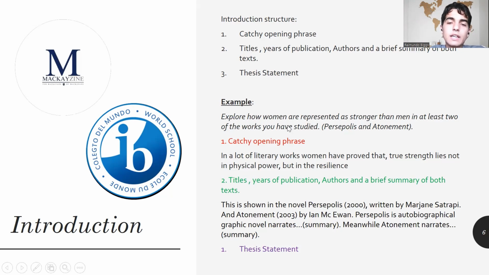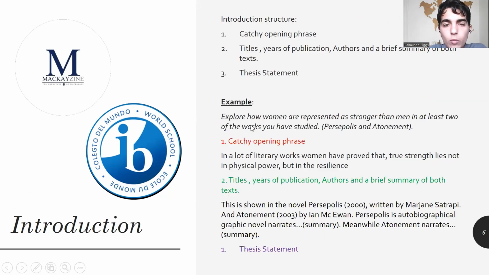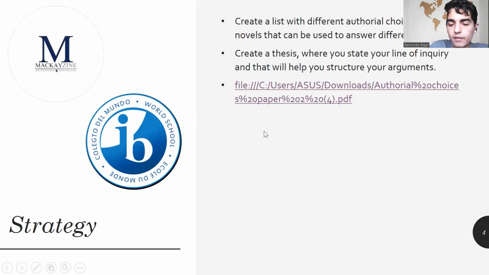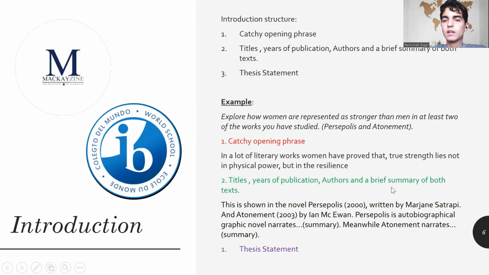An example of this catchy opening phrase, and then the thesis statement. An example of this catchy opening phrase, let's do it with the question, example number 2. Explore how women are represented as stronger than men in at least 2 works you have studied.